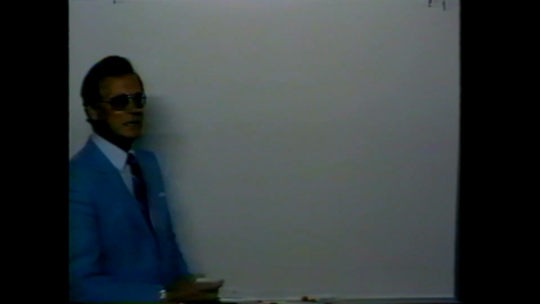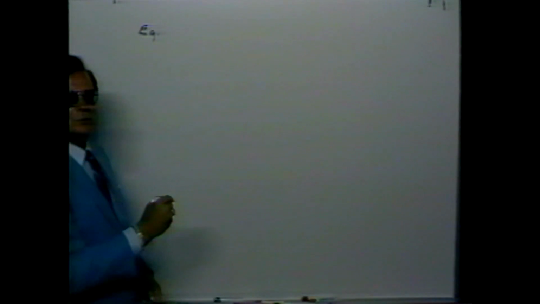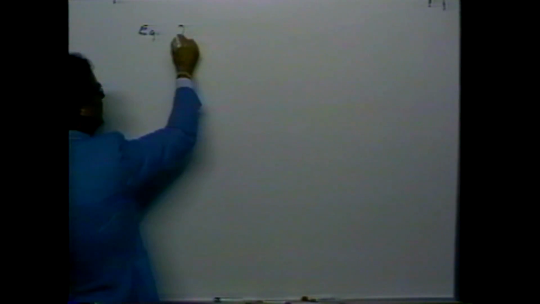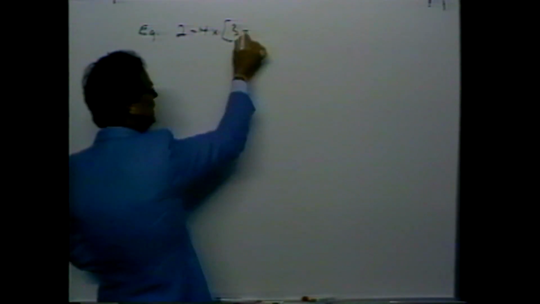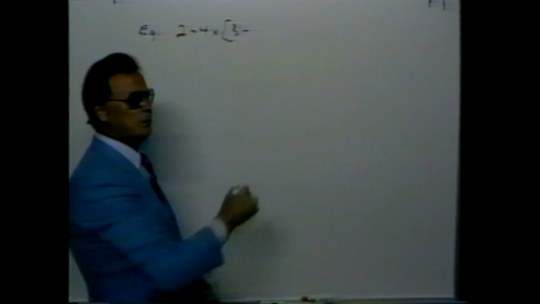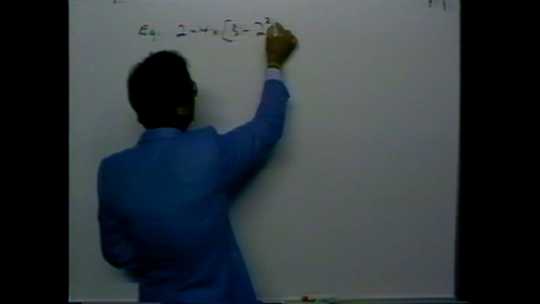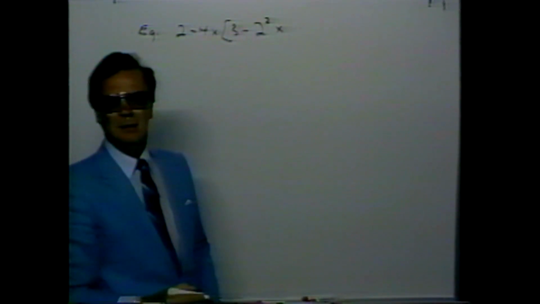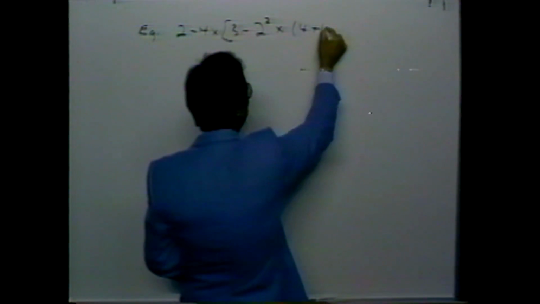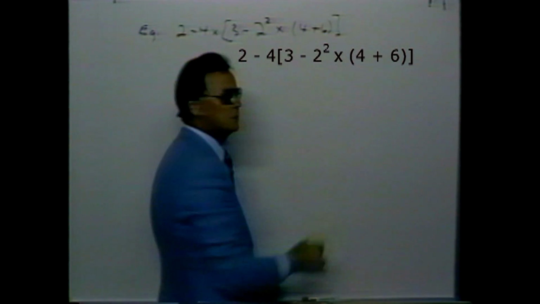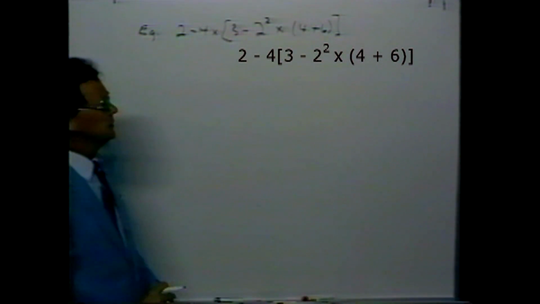I have another example. Another example is 2 minus 4 multiplied by, in brackets, 3 minus 2 squared multiplied by 4 plus 6, and closing square brackets.